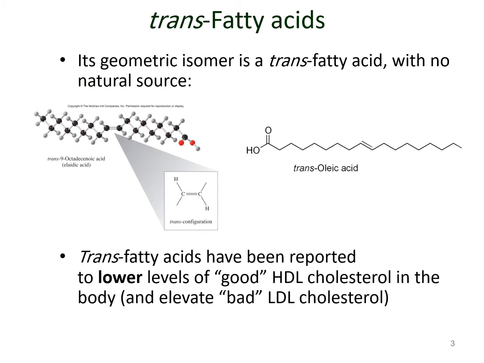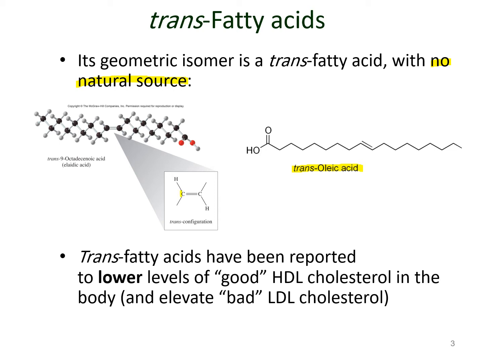Now some trans fatty acids also exist, but they don't have any natural source. But there is a way by which we can convert the cis fatty acids into the trans fatty acids. In that diagram is shown the same oleic acid but in the trans form.